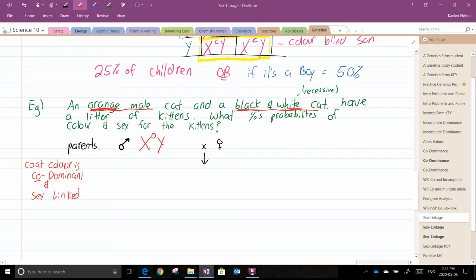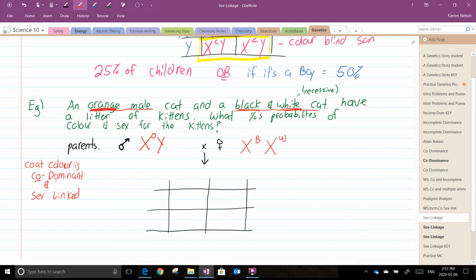And we have a black and white female cat, so XB, XW. And we're going to have a litter of kittens. Easiest again to do our Punnett square. I like to put the female on top as she's got both genes. I'll do the male down the side.